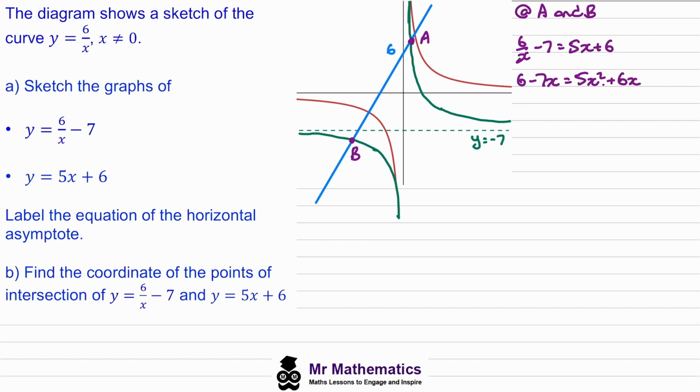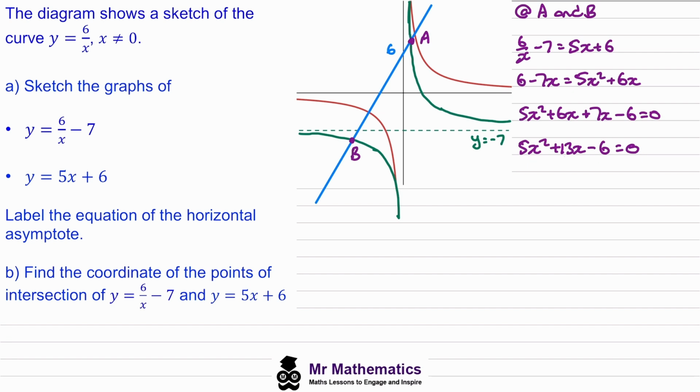And then we've got a quadratic which we can make equal to 0. So 5x squared plus the 6x, we'll move this negative 7x and the 6 to the right hand side. So this becomes plus 7x and minus 6. So we've got 5x squared plus 13x minus 6 will equal 0.